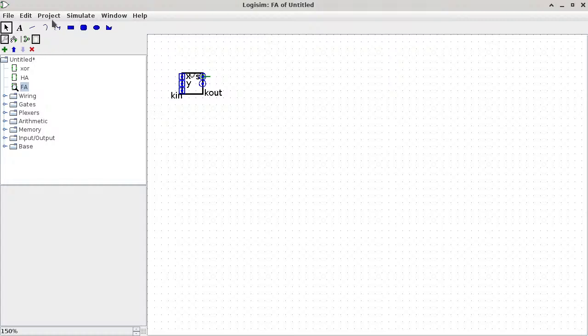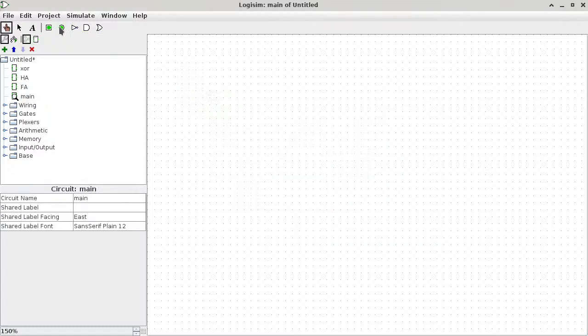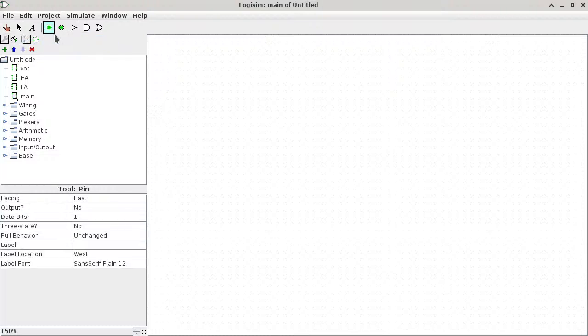All right. So now we're going to create yet another circuit. This is actually our main circuit now. So the assignment was to create a 3-bit by 3-bit adder. So that means we have 3-bit input as our X, and it's going to be 3-bit wide.